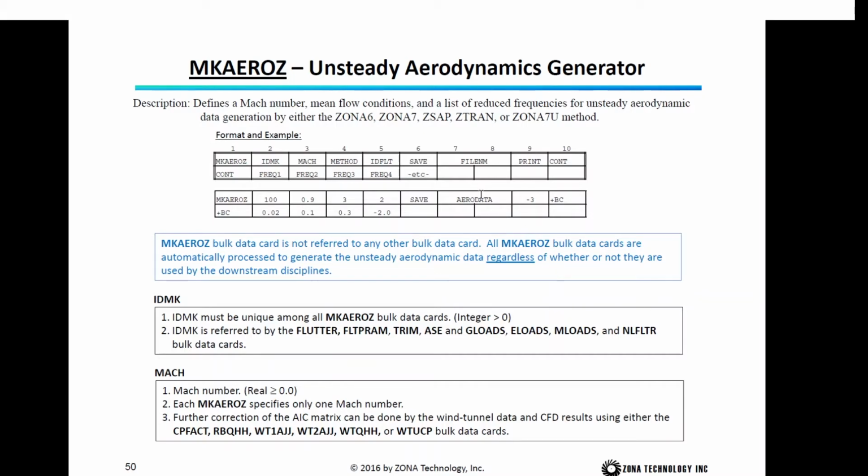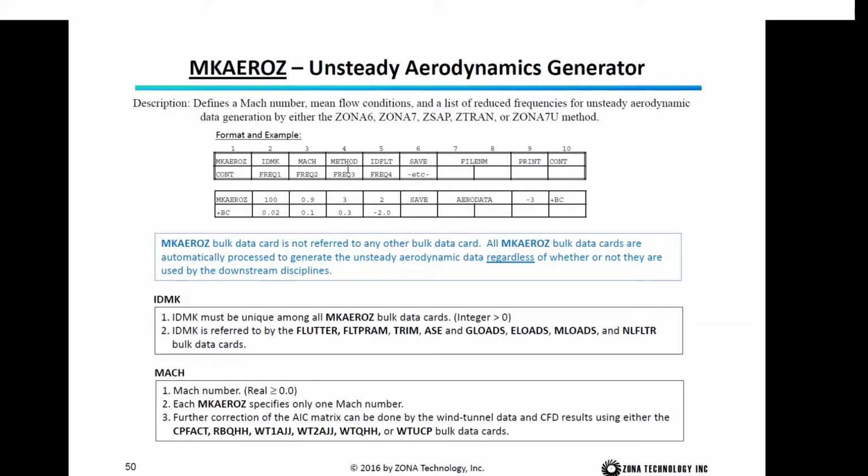The MKAEROZ card generates unsteady aerodynamic AIC matrices. So first you give an ID, and you give a Mach number. You specify a method.